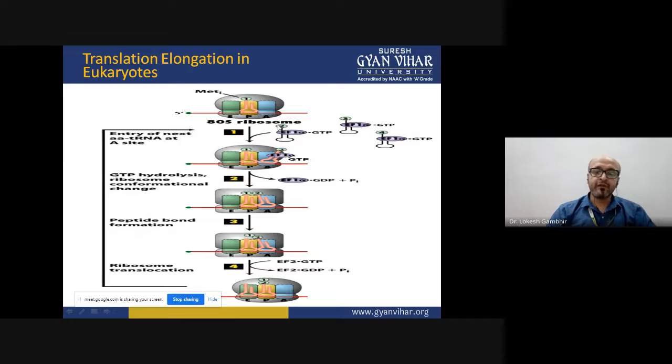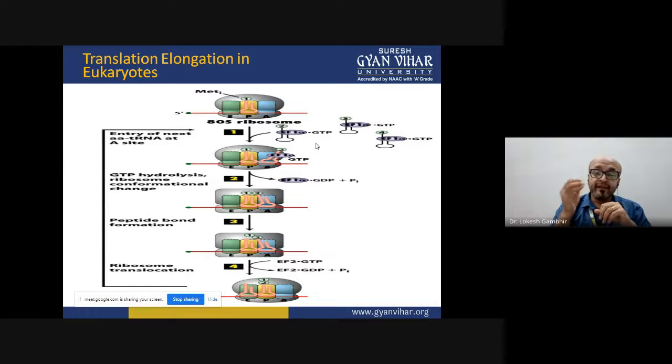So if there are 20 amino acids and suppose, let's say we have a 10 amino acid long polypeptide. I am talking about an oligopeptide. We are not talking about a very large chain. Let us assume that we have 10 amino acids that need to join to form a peptide chain.